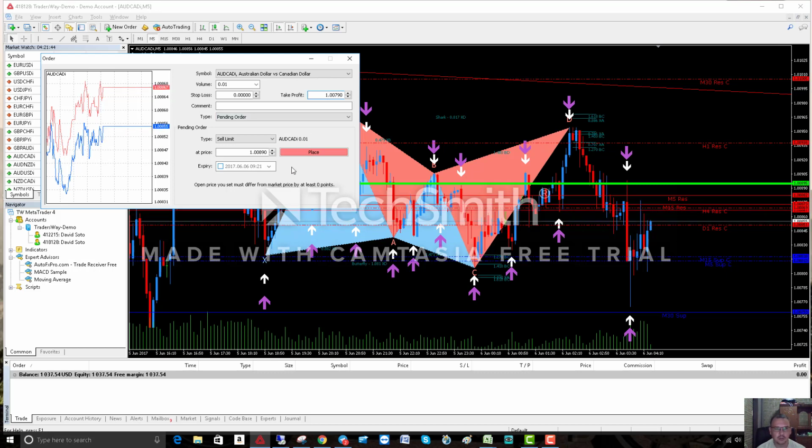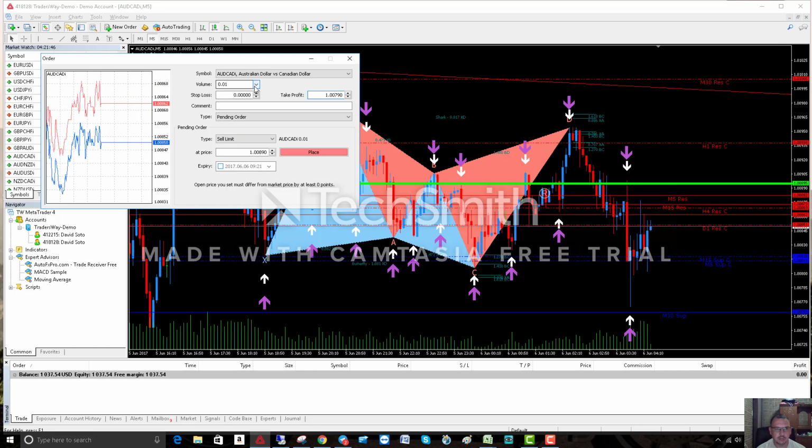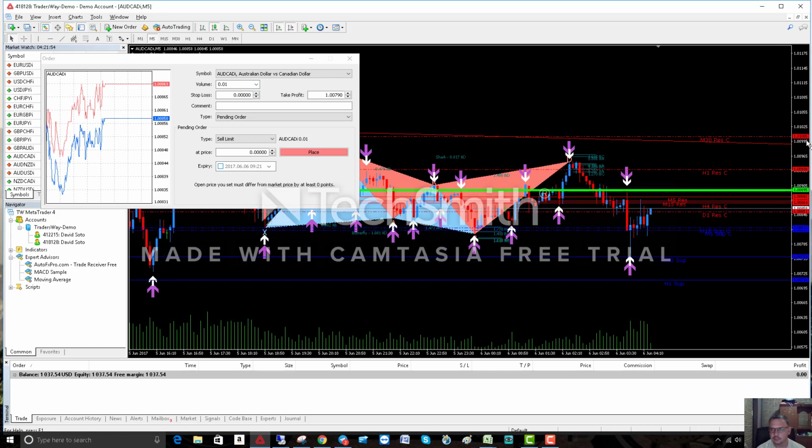And make sure you set your volume or lot size to the appropriate lot size, and stop loss. You can set your stop loss way up here somewhere where it's not predicted to touch. I don't really use a stop loss, so anyhow, hit place.